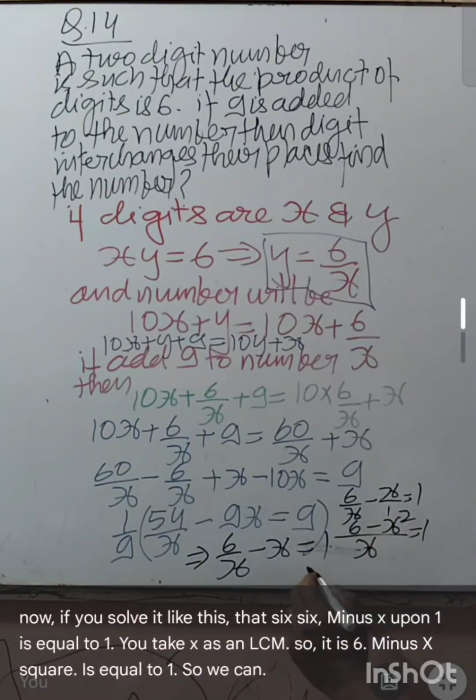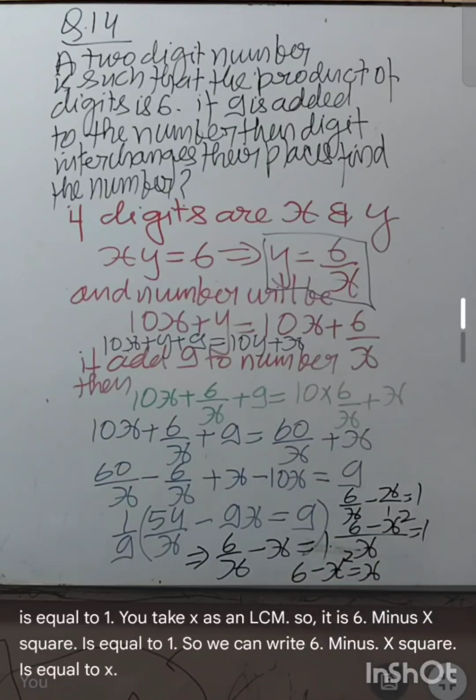So we can write 6 minus x square is equal to x. Getting?